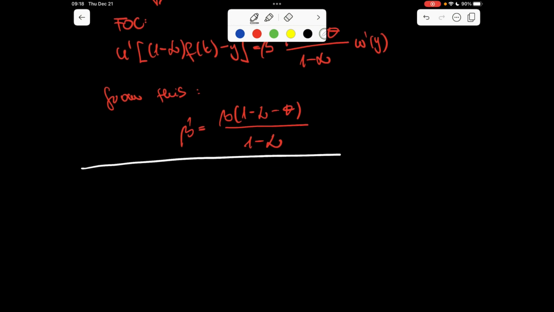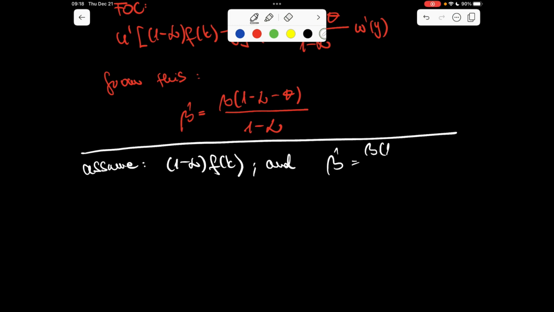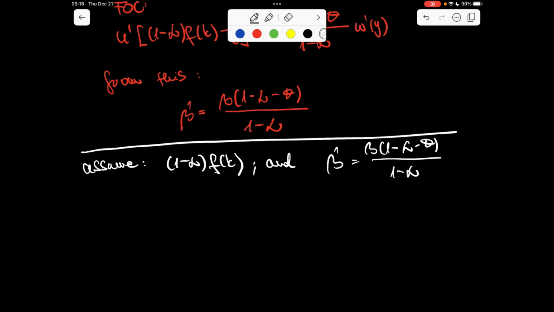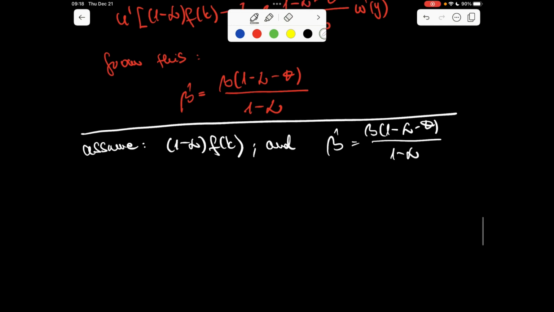So now let's complete our analysis. Assume we have this production function and we have this discount factor. And if we are right, we will build an appropriate, undistorted pseudo economy.